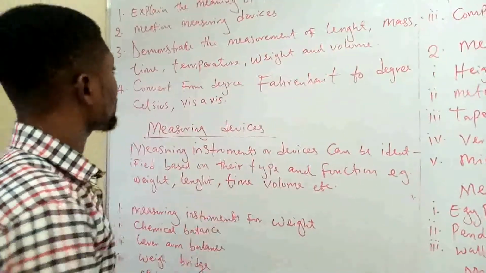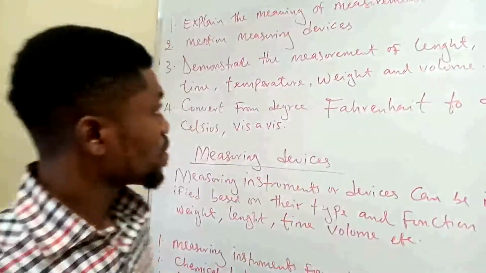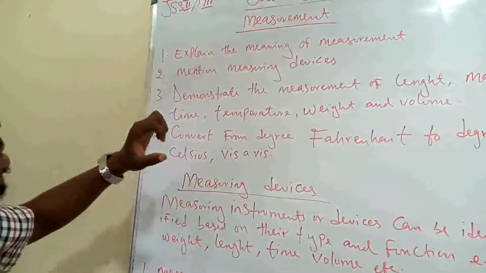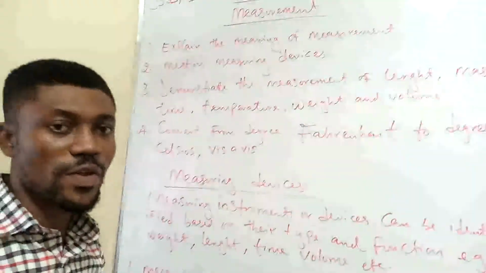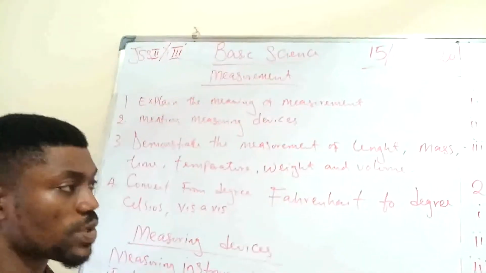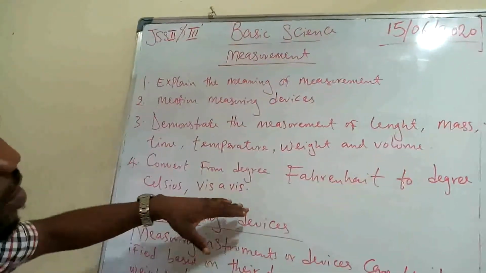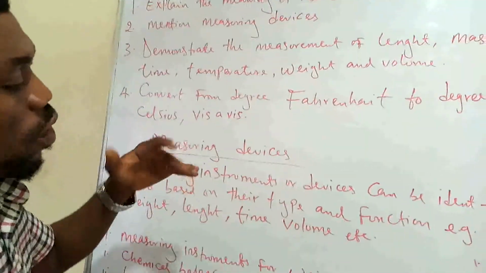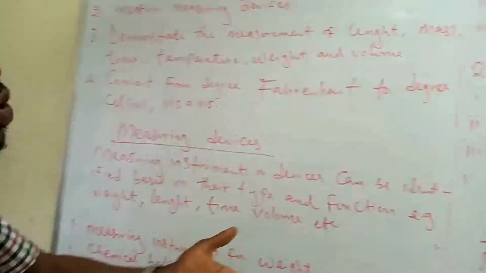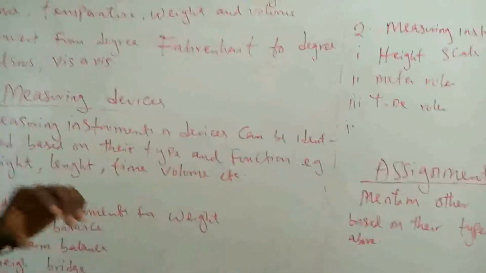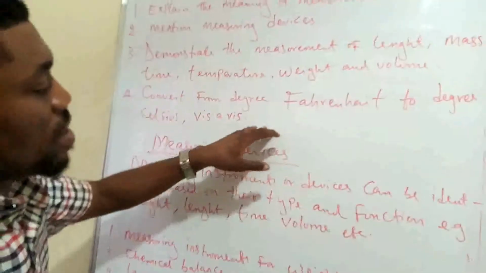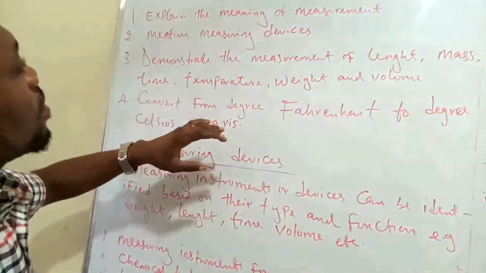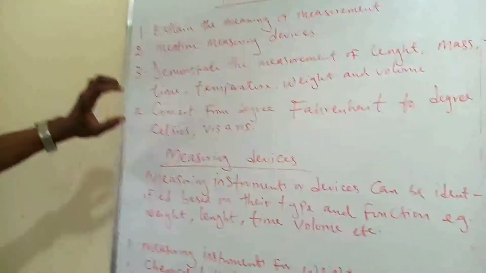So we said the measurement is an aspect of science which is very, very important, as it helps us to know the quantity at which one should use while carrying out any practical or any experiment in any field of study. Let me put it that way.